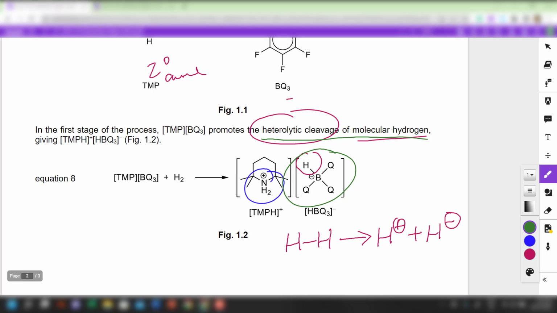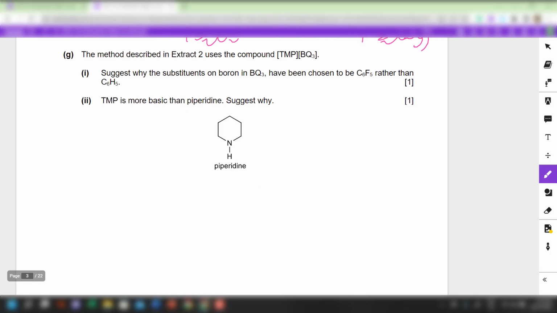Remember this: withdrawing group stabilizes negatively charged center, or center that is electron rich. Donating group stabilizes positively charged center, or center that is electron deficient. So this is the kind of logic we are looking at when we are dealing with a question like this. I hope that explanation helps.